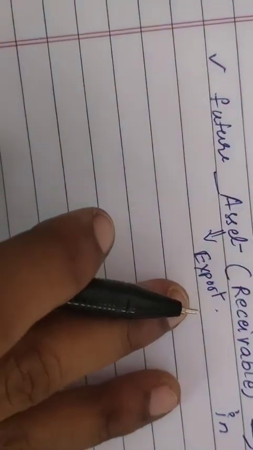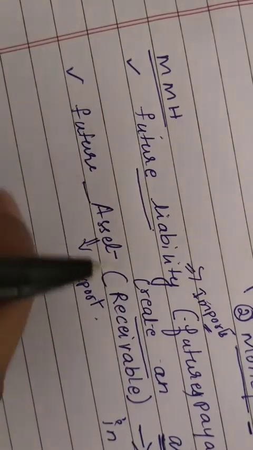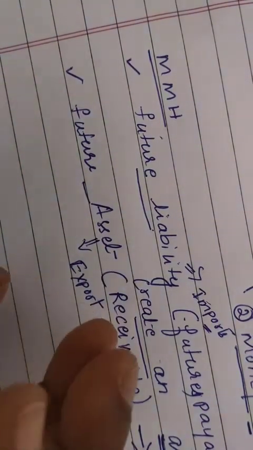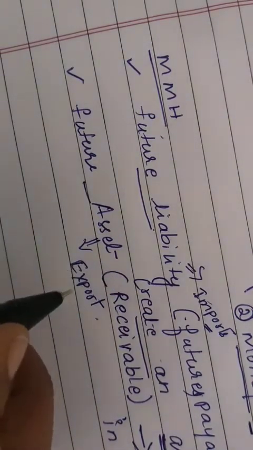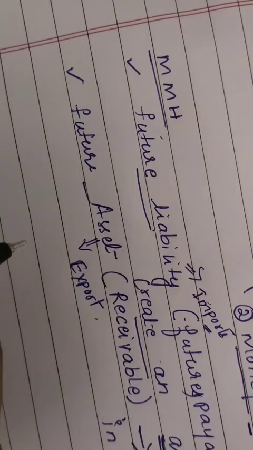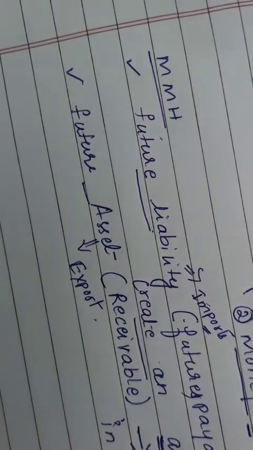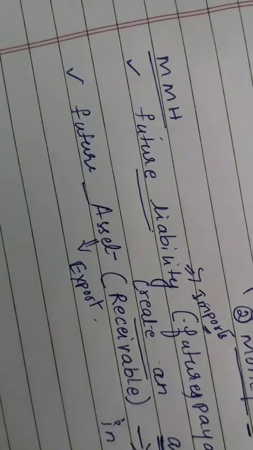So what is the main objective in case of money market hedging? The main objective is to arrange the transaction in such a manner that on the due date there should not be any cash flows from one country to the other country.